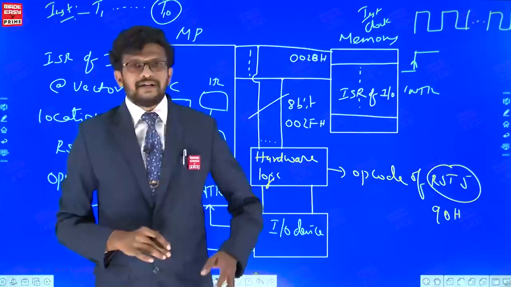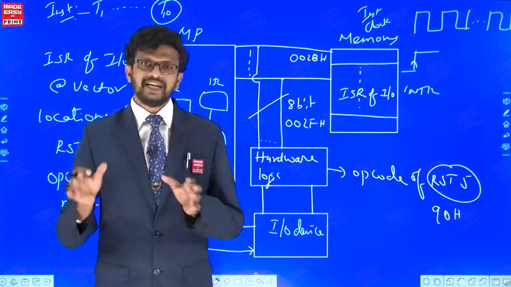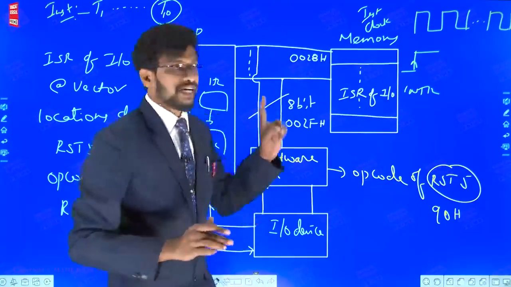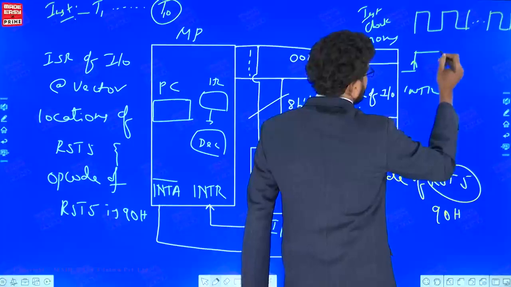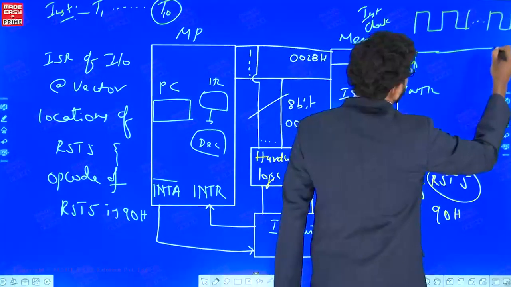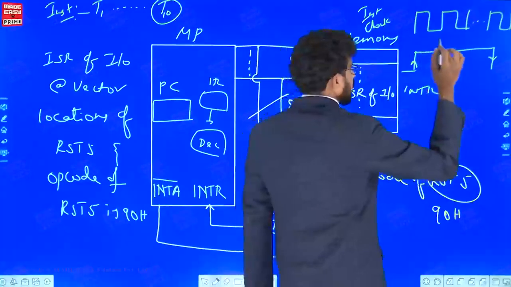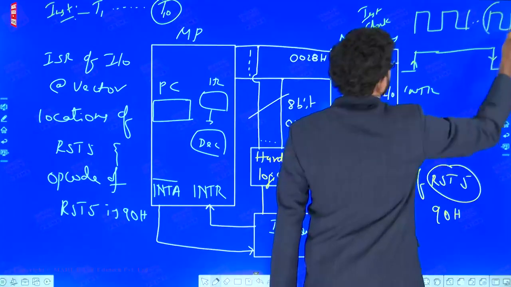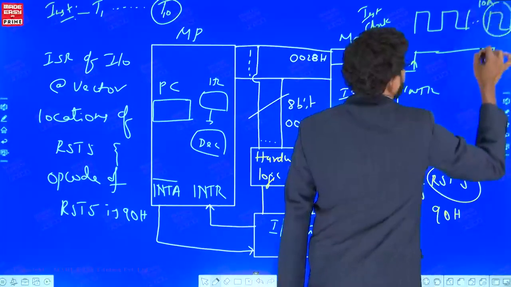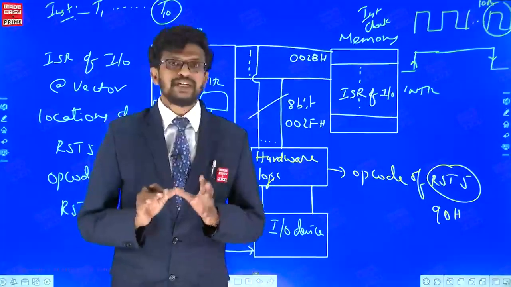Why? It will check only in the last clock period of every instruction whether INTR is present or not. So the interrupt should remain present on the pin until the processor recognizes it. When the processor recognizes the interrupt in the last clock period, that is the 10th clock, only then will the actual interrupt be responded to. That is the main thing to follow.